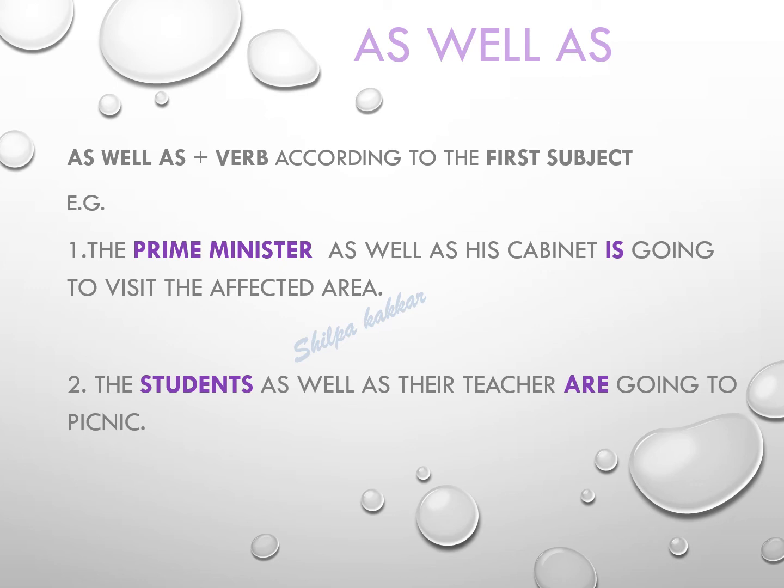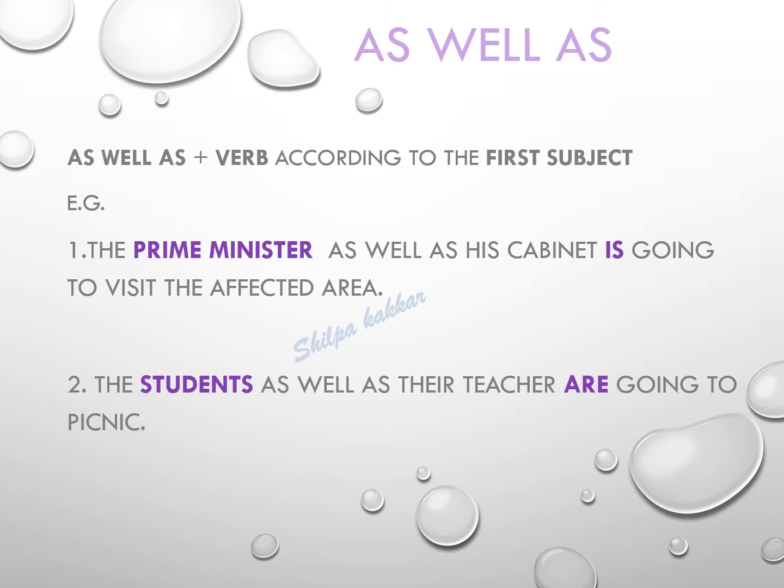Students, please be careful. I'm talking about as well as. When this is in the sentence, we are talking about two things, and that is why we have to use the verb according to the first subject of the sentence.